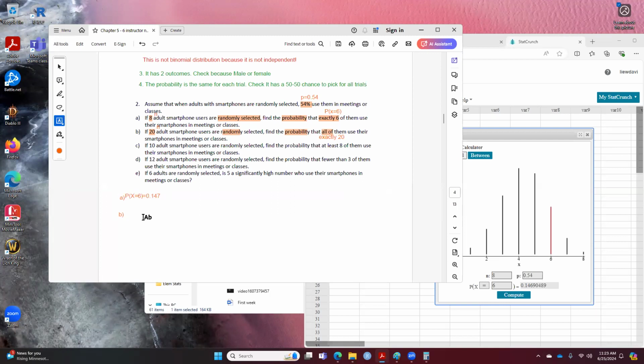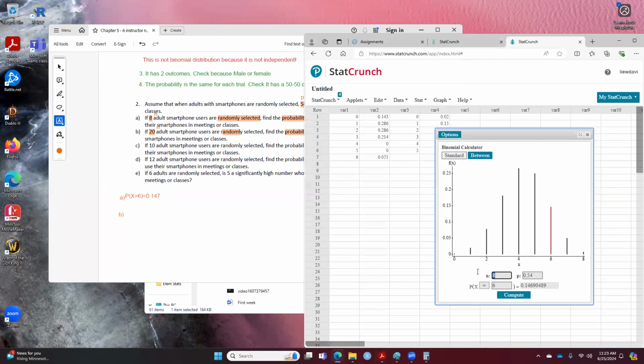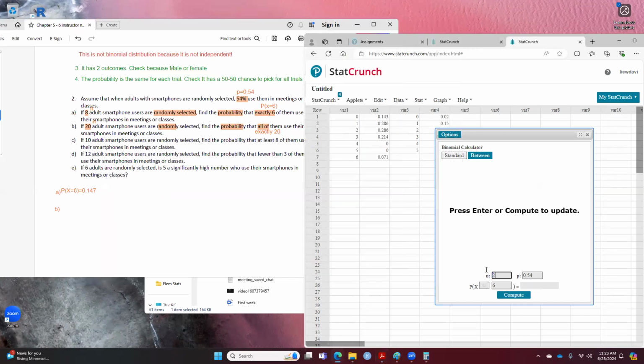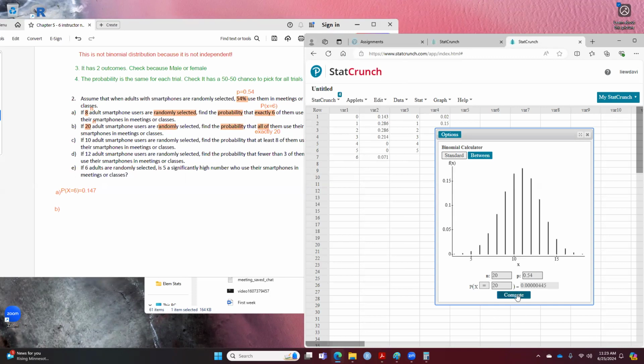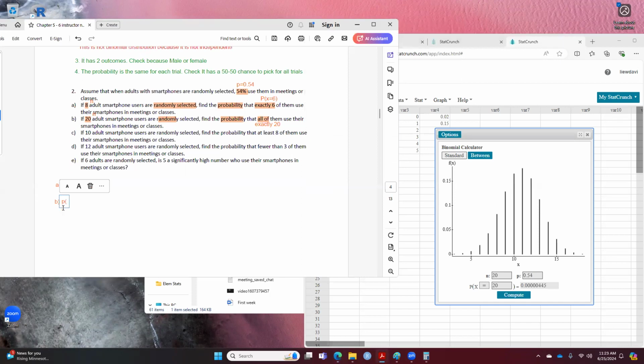So if a question says all of them, it means all of the 20, exactly 20. In order for you to do this, you have to change your n to become 20 in this case, because we got 20 randomly selected adults, and the 54% is still the same, but you need to find exactly 20. So this is the probability. P(X = 20) is 0.0.